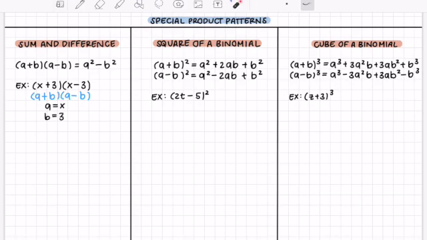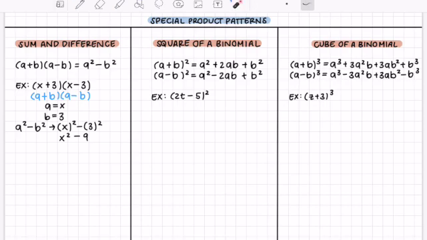So if it does align with the a plus b and a minus b format, I can use the other part of the equation, a squared minus b squared, and substitute my terms for a and b. So a is equal to x and b is equal to 3. We get x squared minus 9 as my final answer.